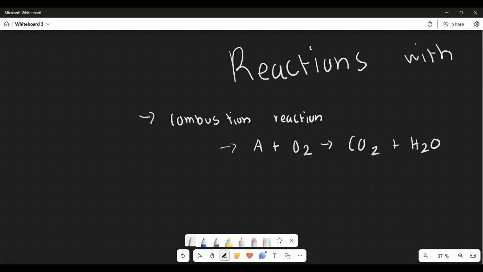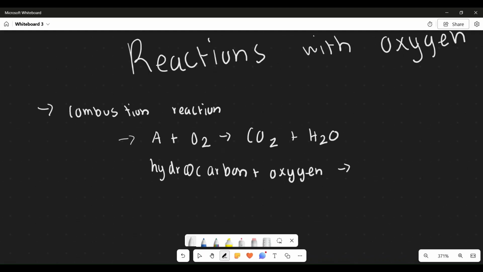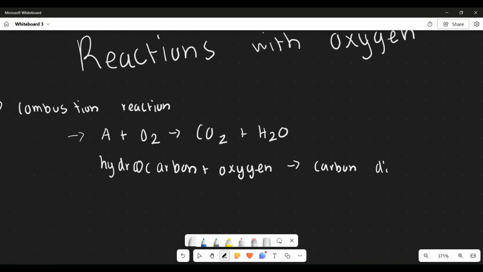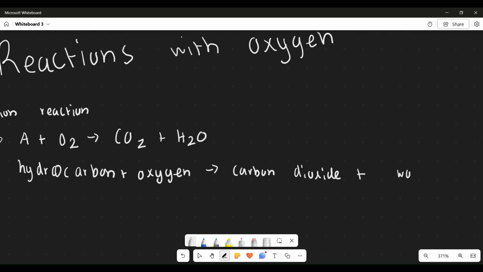So this can basically be anything, but okay, it's a hydrocarbon plus oxygen equals carbon dioxide plus water.